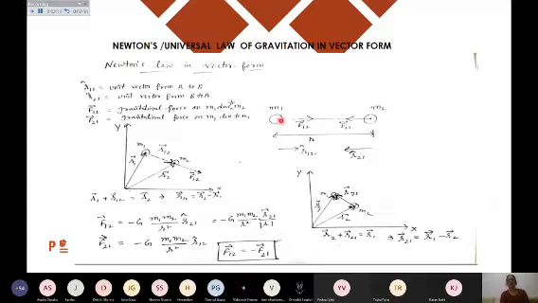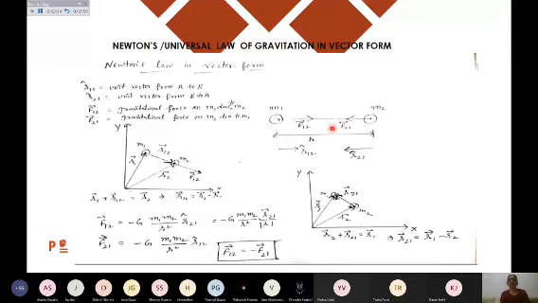If I take the given body as this, and this m2 I take as the earth, then the force acting on this body is the force on the first body due to 2, acting towards the earth. But if you see the force on the second body due to 1, it is towards the first body, opposite to it.